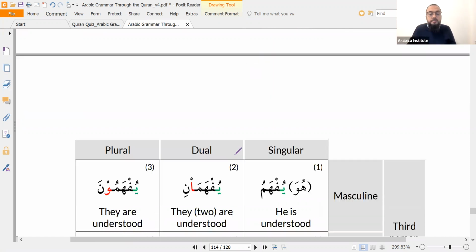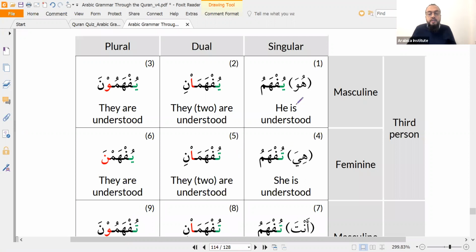Okay, the imperfect, from yafhamu, you just put dhamma here and fatha here. That's the voweling pattern, and then you just conjugate the whole thing the same way. So you have yufhamu, yufhaman, yufhamuna, and so on. Okay, so let me give you verbs. You give me the imperfect passive. Yaktubu, he is writing. Say it is being written. Yuktabu. Yuktabu, good.